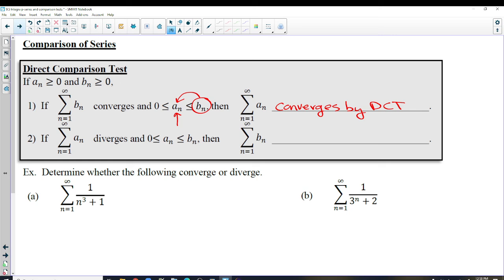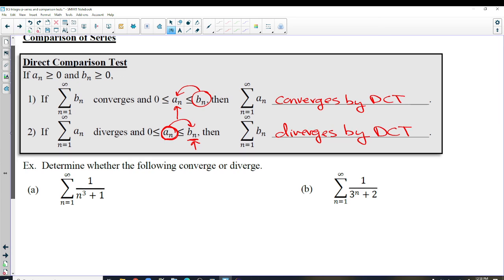And the other situation is if a sub n diverges and a sub n is always underneath, then b sub n must diverge. If this one is not decreasing fast enough to converge, and this one's decreasing slower, then this one definitely decreases too slow. So then we can say b sub n diverges by direct comparison test.